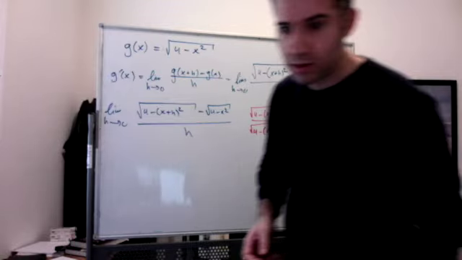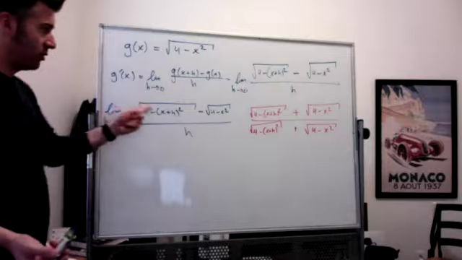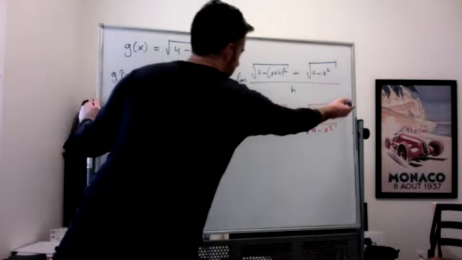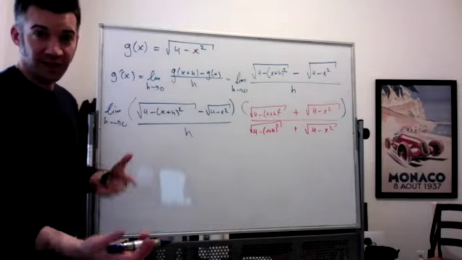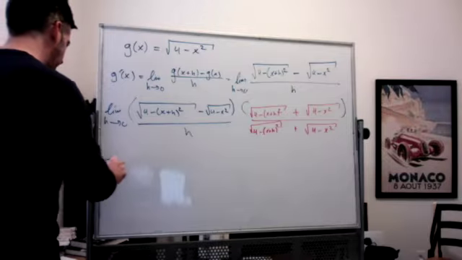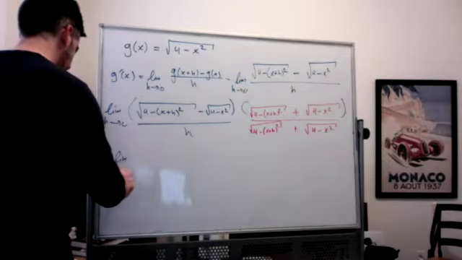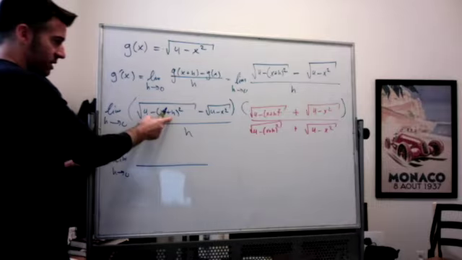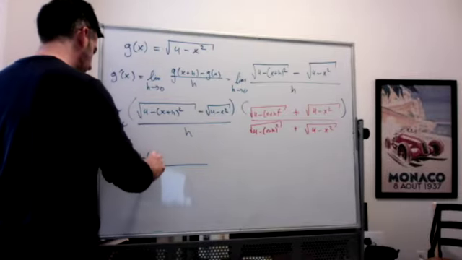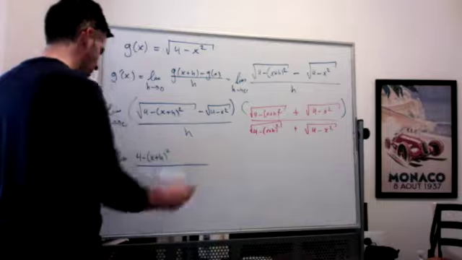Okay, so when you multiply out the conjugate, so when I multiply this whole thing by this whole thing, the middle terms cancel and you get the square of the first thing minus the square of the second thing. So we end up with the limit as h goes to 0 of this thing squared is just the insides. It's 4 minus x plus h squared.